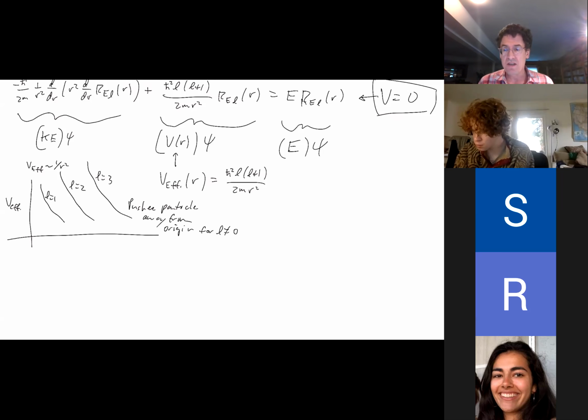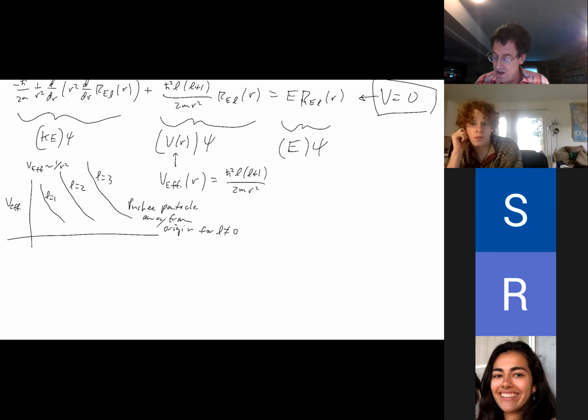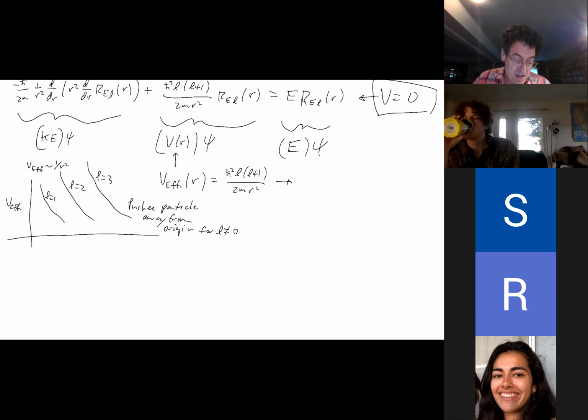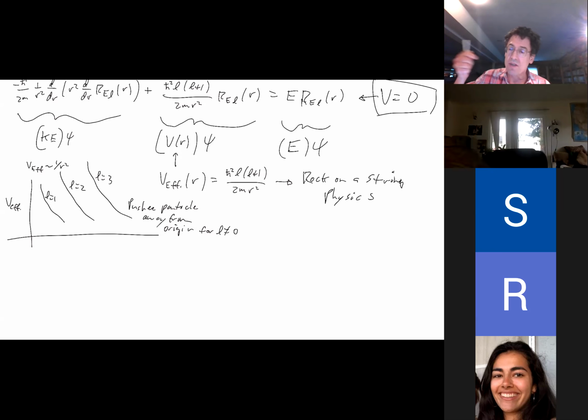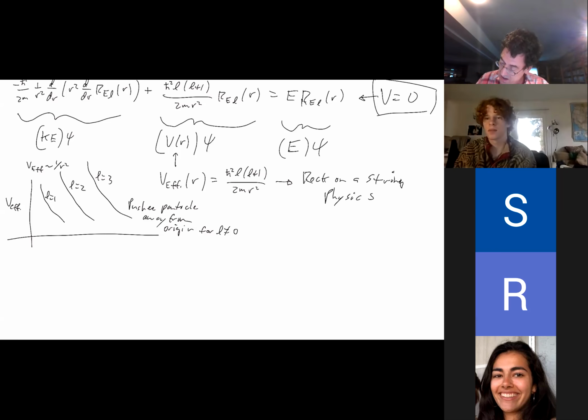It is actually a very simple physical reason for that, because I like to think of this as the rock on a string physics, because you've all experienced this. You all have swung a rock on a string or something equivalent. Everyone has done that.